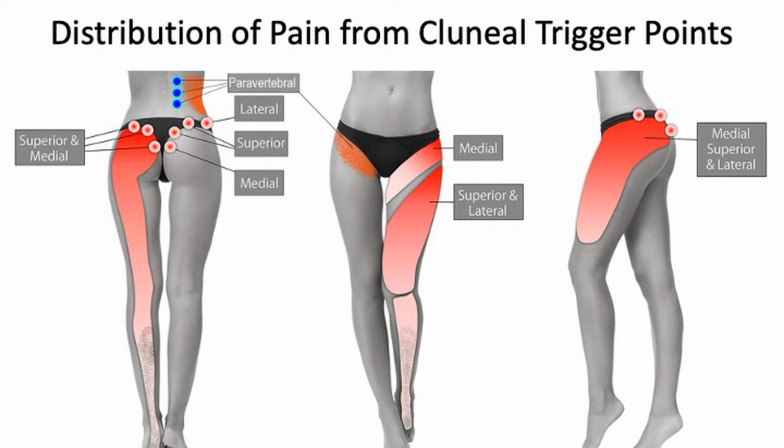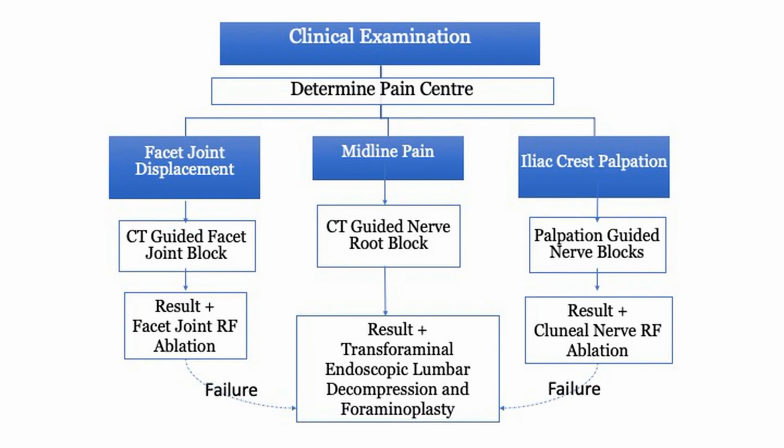And you can see this distribution in this diagram and see why it's so easily confused with sciatica. The diagnosis is confirmed by a reduction of pain following trigger point steroid injections.